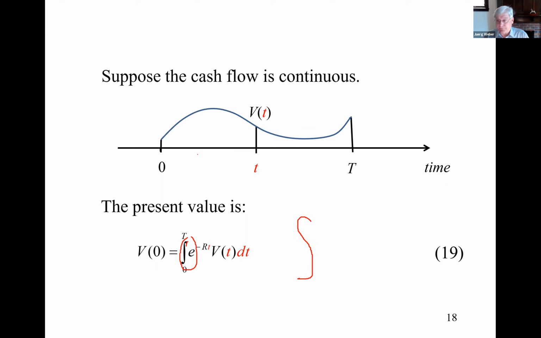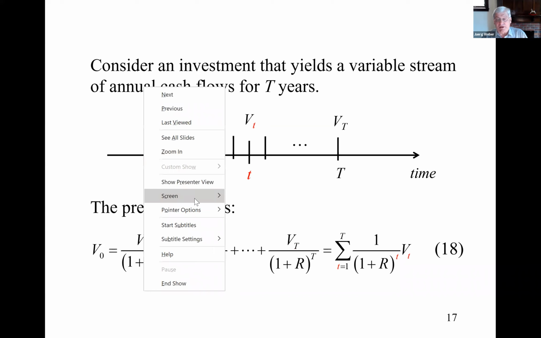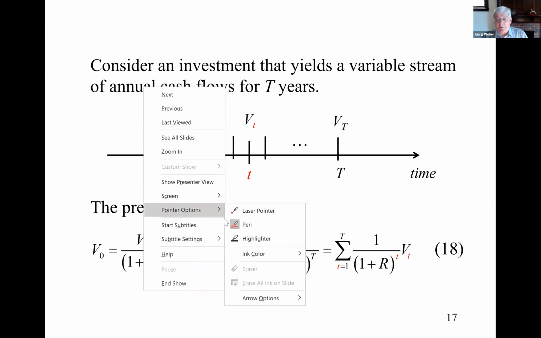So here we have continuous cash flow. Now, if you have a discrete cash flow which arises every year, then you also take an S. Actually, you take the Greek S. That's the summation sign. This does not work well with the pen because it's so small and it's a laser.